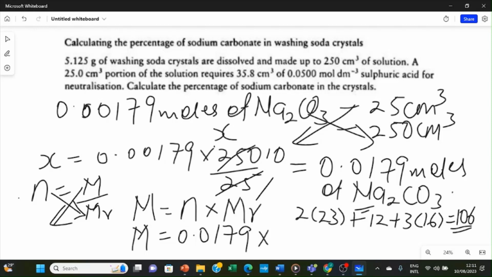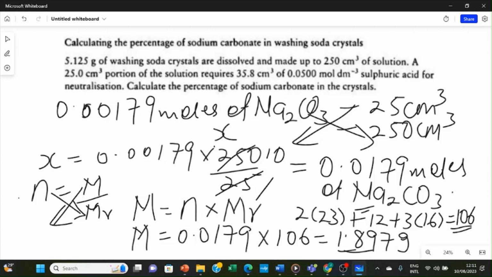That's the molar mass, 106 gram per mole. So it will go to 0.0179 multiplied by 106, which will now be equal to 1.897 gram of sodium carbonate.